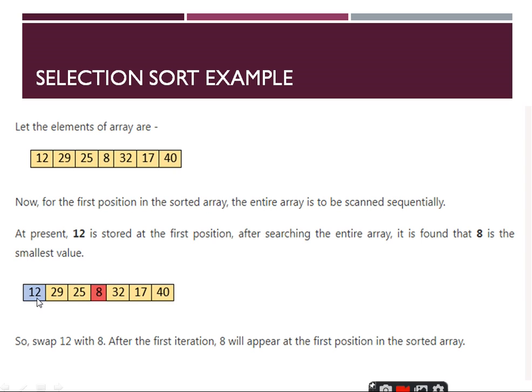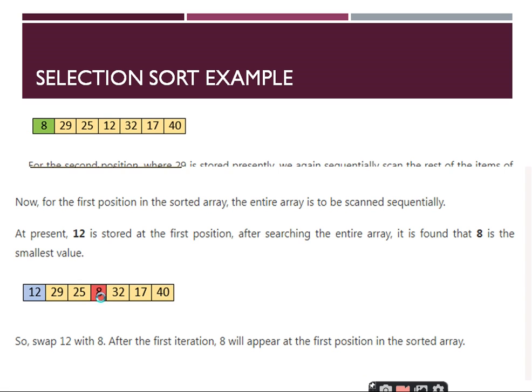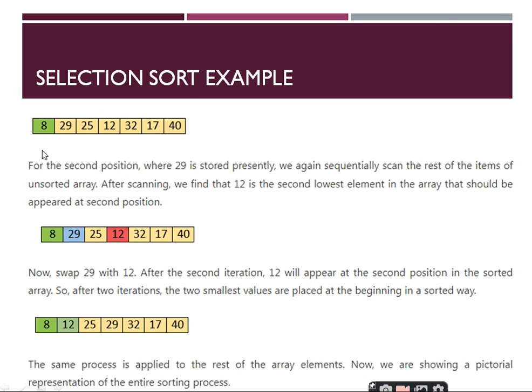So 12 will be swapped with 8, right? 8 will come here and 12 goes to the position of 8. As you can see, we have sorted this. Now for the second position, we have element 29, right?